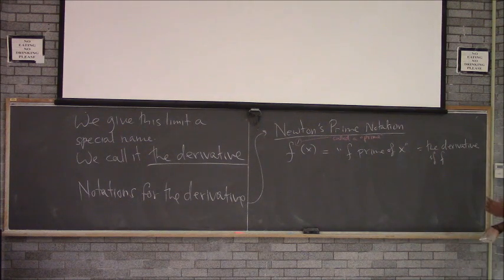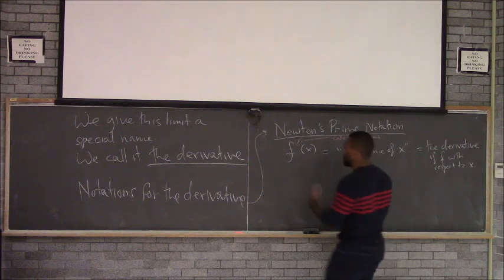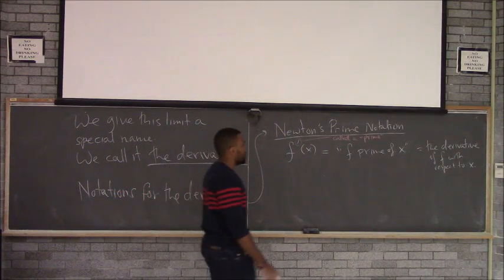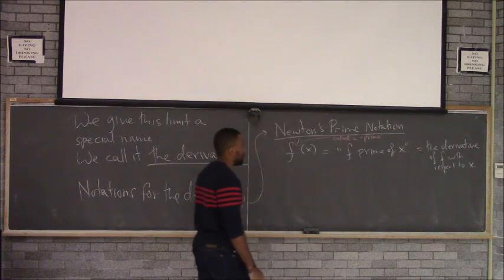Remember, f is the output value, and our speed is meant to measure it in terms of the input value. So how do the f and the x relate to each other? The common phrase to say that in math terms is with respect to. So this is called the derivative of f with respect to x, or we simply call it f prime of x. And so that's called the prime notation.